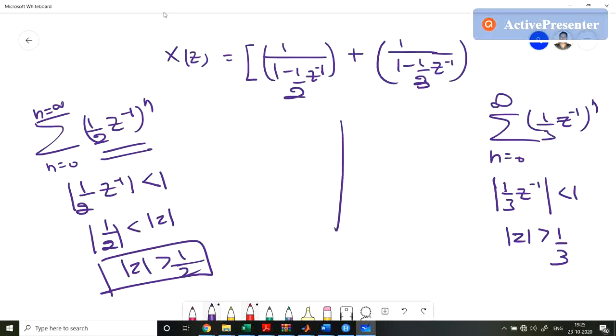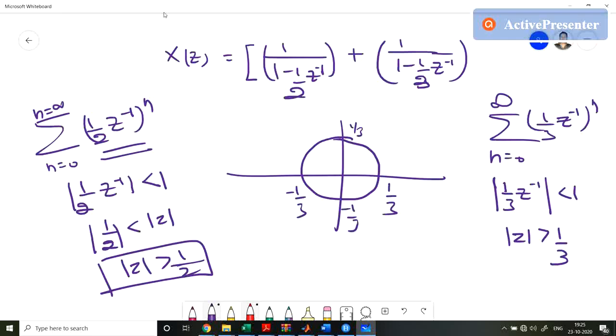And what is the common ROC? The first is |z| greater than 1/3. 1/3 is 0.333. The second is |z| greater than 1/2.